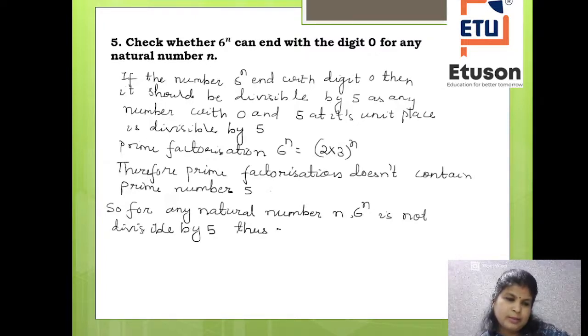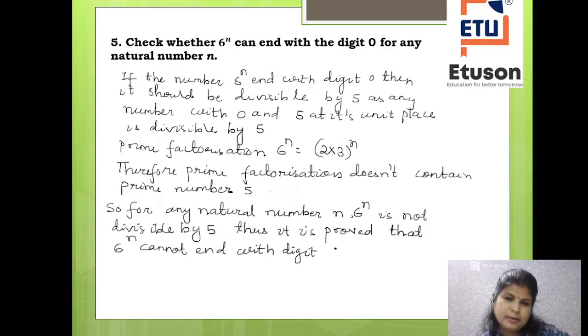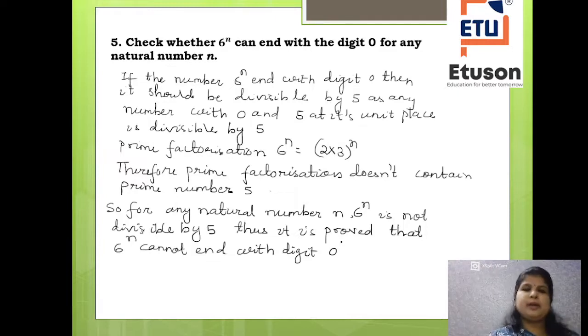Thus, it is proved that 6 to the power n cannot end with digit 0. ओके, कोई इसमें अलग तरह से मैंने नहीं किया है. 4 टू द पावर n में जैसे किए थे सेम टू सेम है. ठीक है, अभी चलो नेक्स्ट क्वेश्चन को चलते हैं.